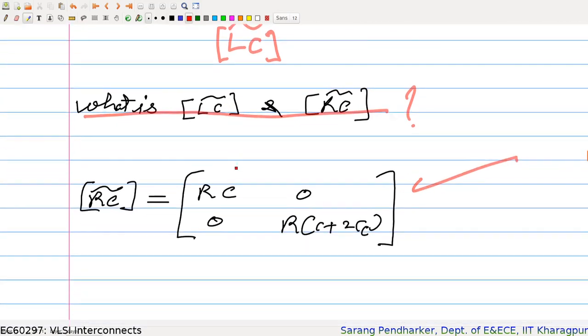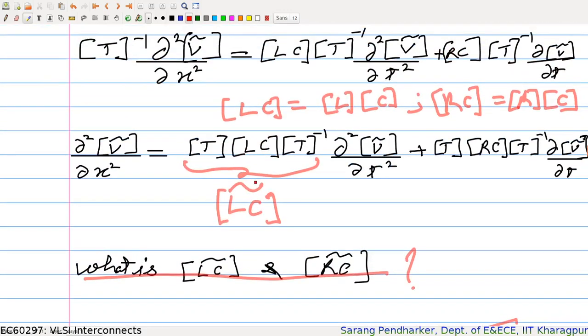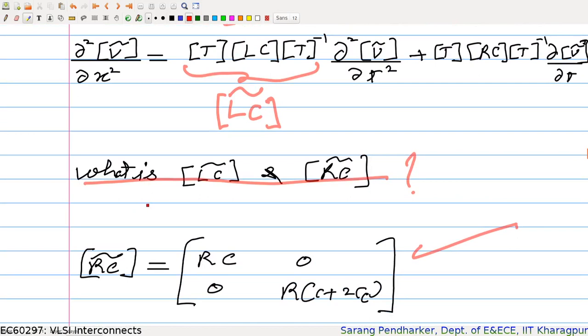Now if you solve for LC tilde, first you find out what is LC. You know what is L, you know what is C, you multiply them, you will get LC.